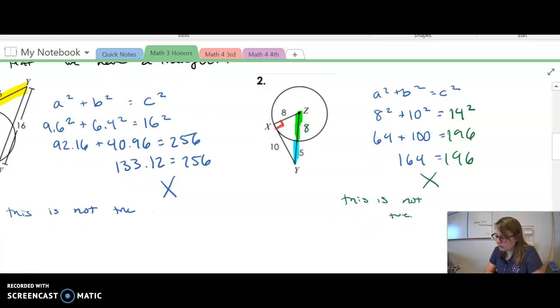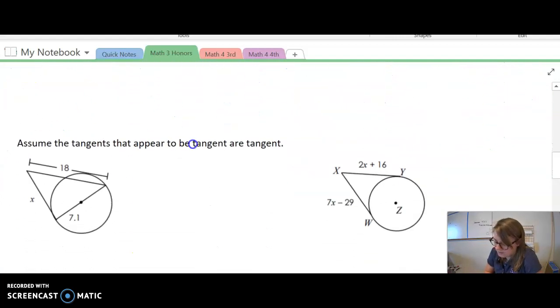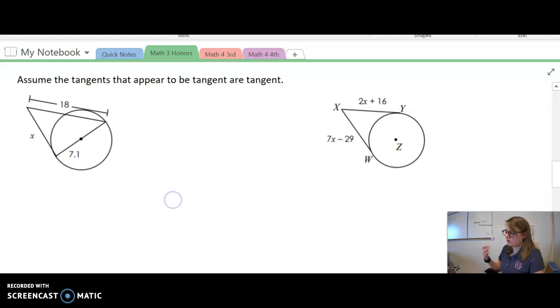Alright. So now we're going to move on to questions where we have to figure out what x would have to be in order for the line to be tangent. So let's look at this first one over here. We have x for one side, 7.1 for the radius, and then we have 18 for that side. The first thing we need to do is identify where our right angle is, because we know that tangents are perpendicular to the radius.